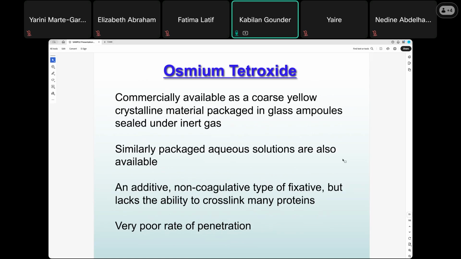Again, another similar type of preservative is osmium tetroxide. It's also commercially available, and it is a non-coagulative type of fixative, but it lacks the ability to cross-link many proteins. It has a very poor rate of penetration. This is because of the lack of ability to cross-link.